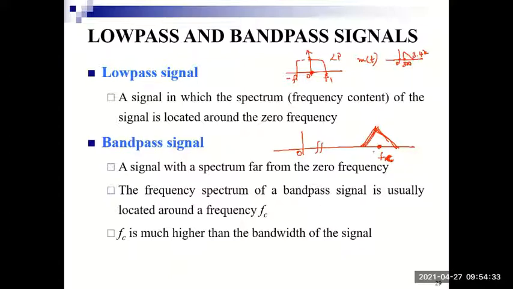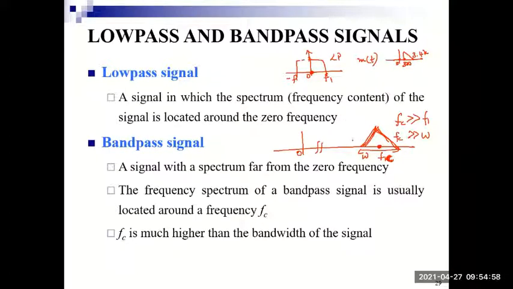Please remember, Fc is usually much higher than the bandwidth of the given signal. So if the bandwidth of the signal is, say, W, I can say Fc is much greater than W. So please remember this difference.